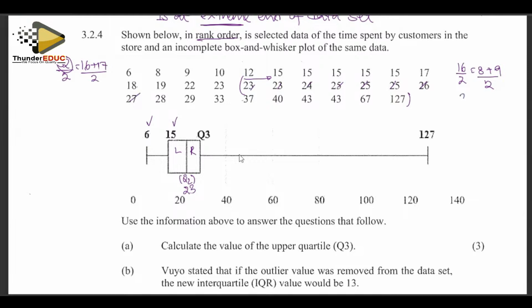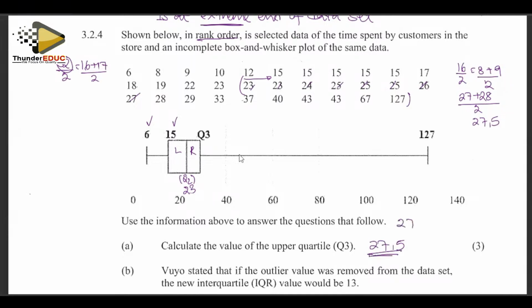So it's 27 plus 28. You understand? I divided this by 2. So 27 plus 28 divided by 2, you end up having 27,5. So the value of Q3 is 27,5.